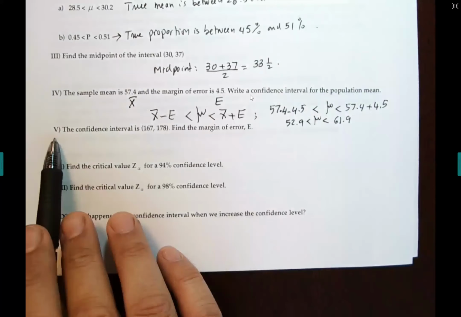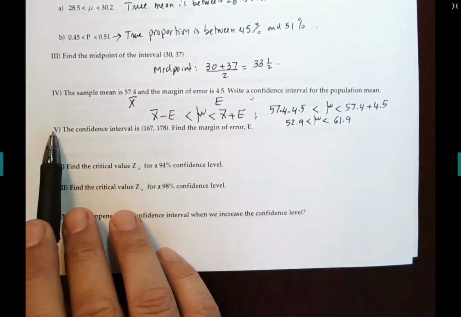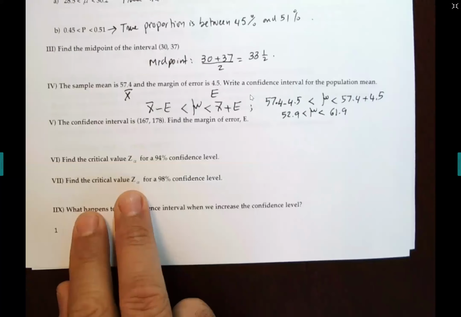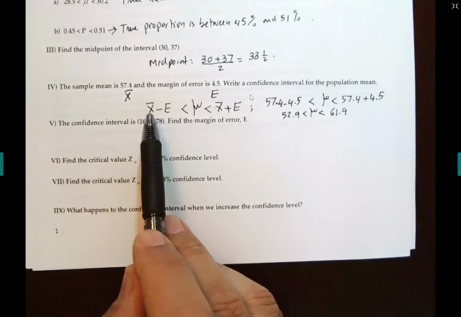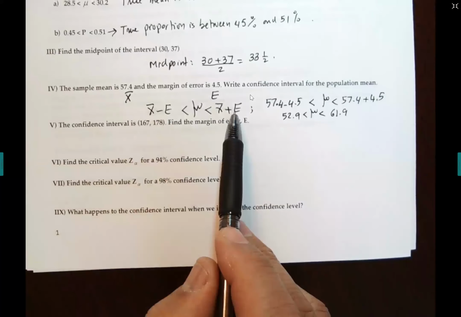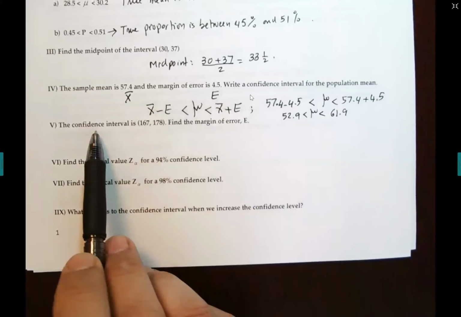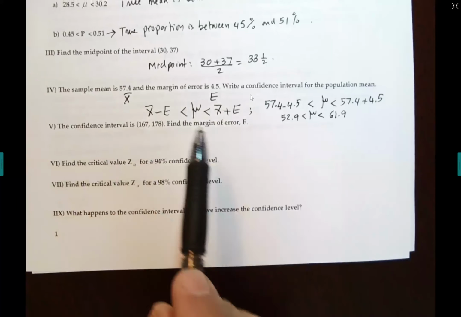Now, guys, this is probably a kind of tricky question. If I give you the confidence interval, can you tell me what the margin of error is? How would you do it? Look, this is the formula. Mean is between X bar minus E and X bar plus E. If you are given the confidence interval, how would you find the margin of error? Any ideas?